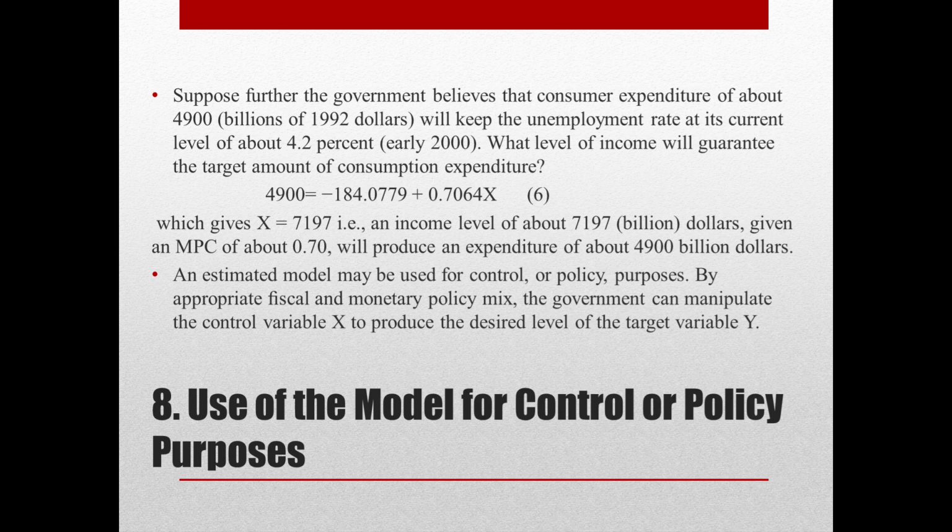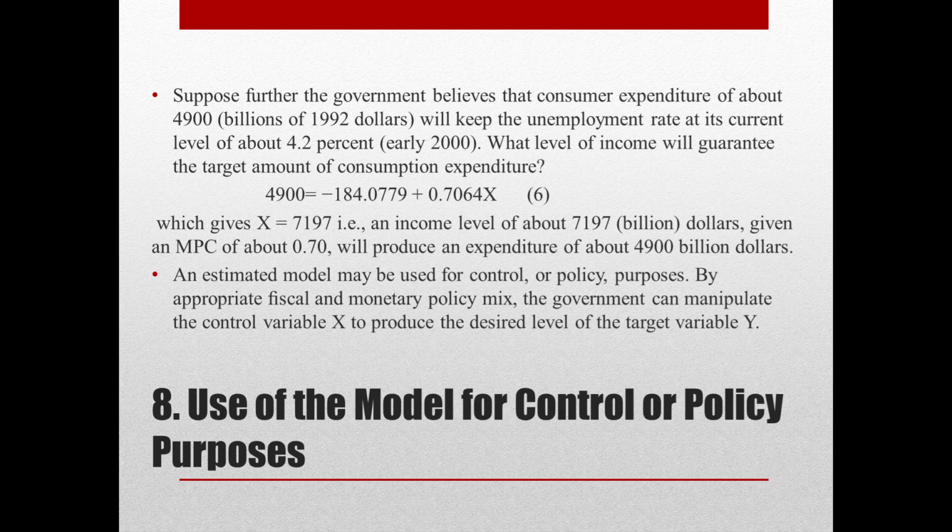So suppose further the government believes that consumer expenditure of about 4,900 billion of 1992 dollars will keep the unemployment rate at its current level of about 4.2%. What level of income will guarantee the target amount of consumption expenditure?